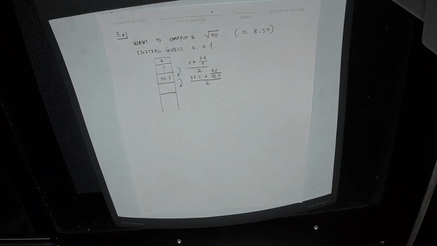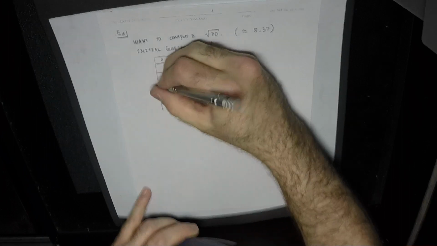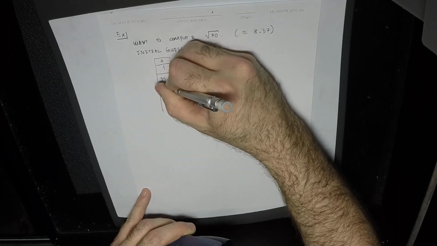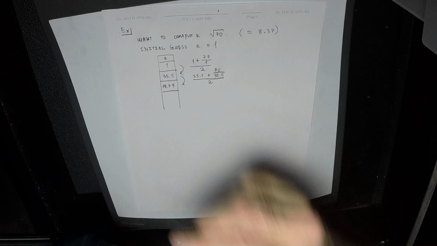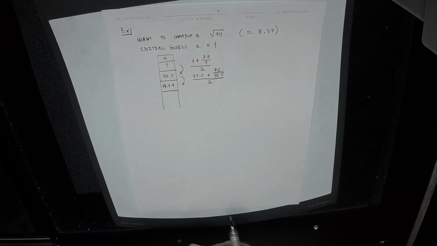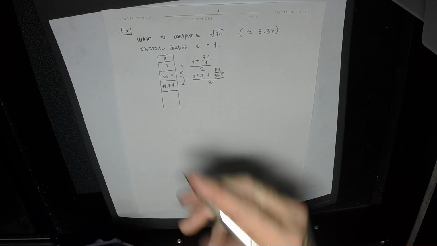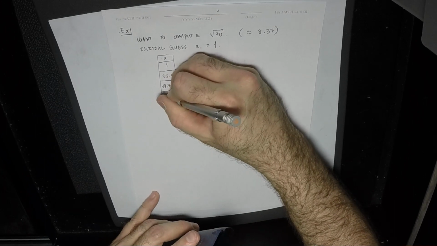All right. If we do that, then we get 18.74. That's just 2 decimal places. If we do the formula again, we get 11.23.